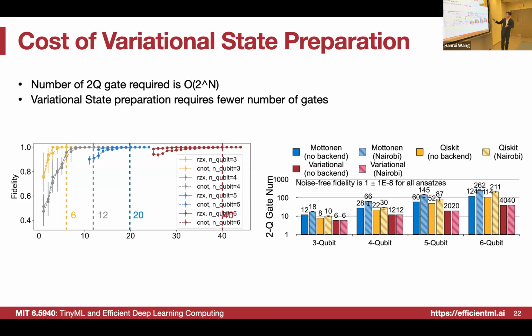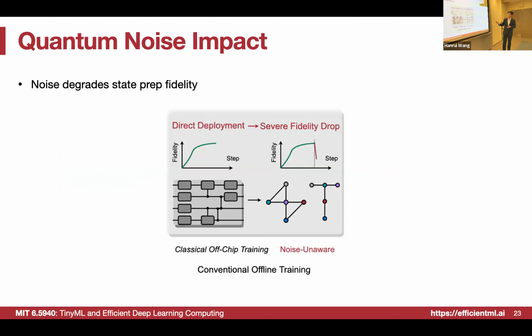For example, these 2 in blue and yellow are preparations with fixed decompositions. After we apply some arithmetic decomposition of the initial state, we have this sequence of gates to prepare the state.